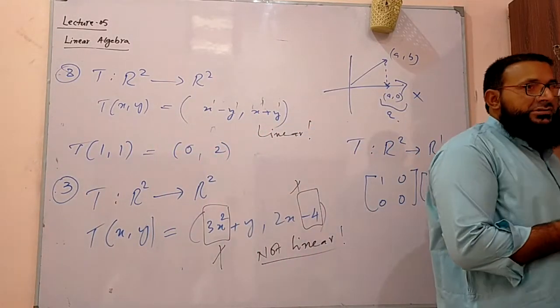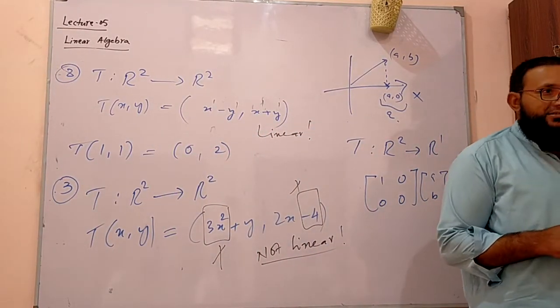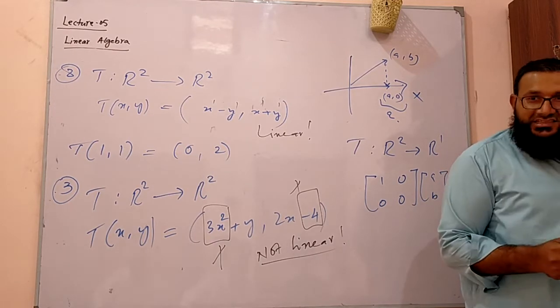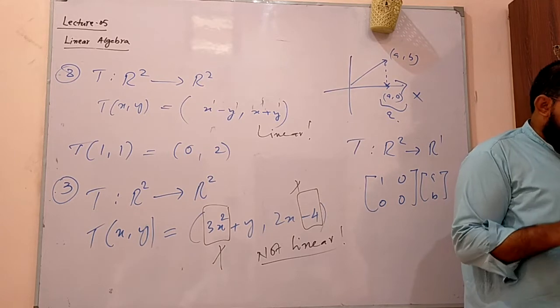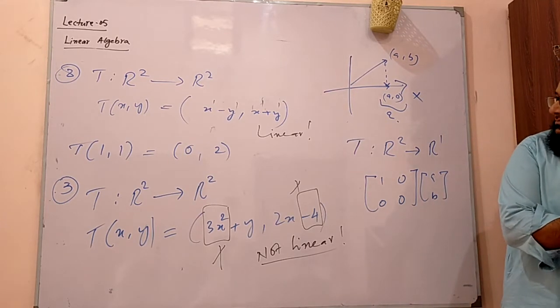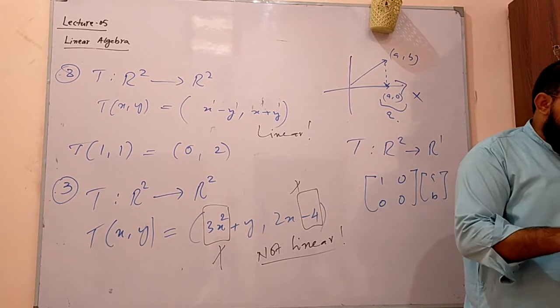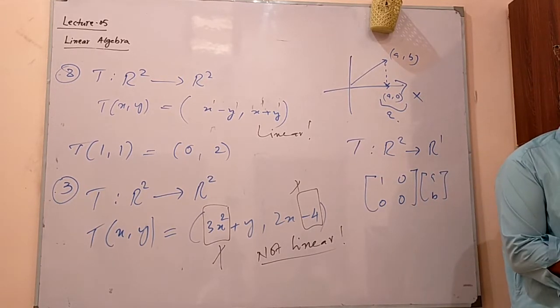So this is a small check. Otherwise we can verify both properties, but it's very lengthy to do. But if I'm writing x plus 4 there, it's not linear. You can check it and discuss with me what happens.